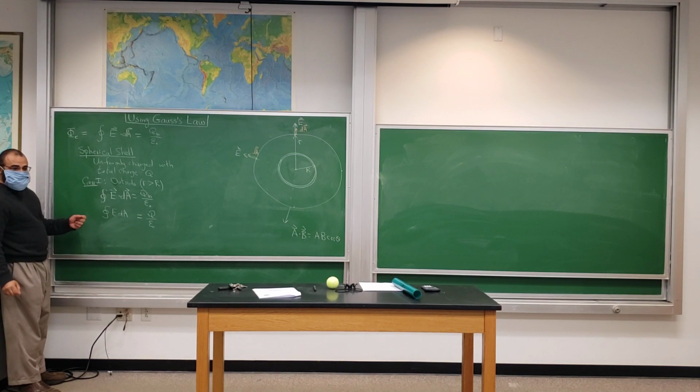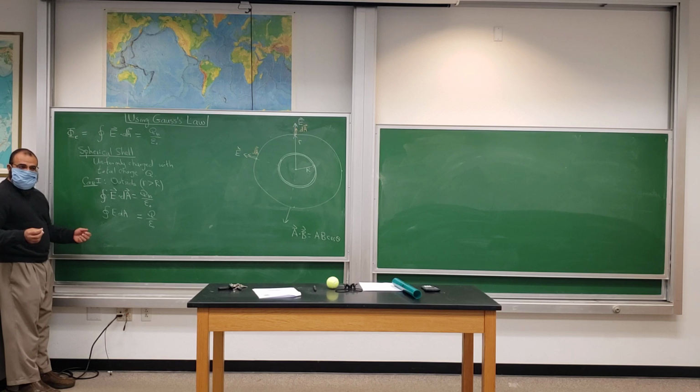That's why you want to choose your surface where the electric field is parallel to the area or perpendicular to it, one of them. In this case, parallel works well. You can see probably why perpendicular will also work, since the dot product will be 0.